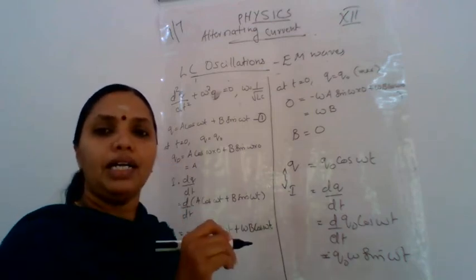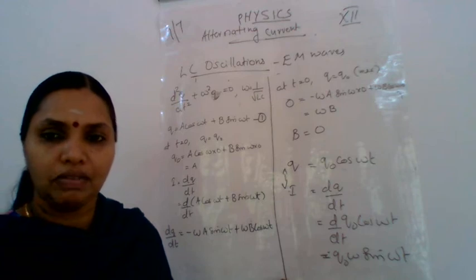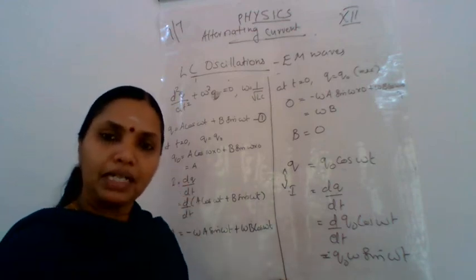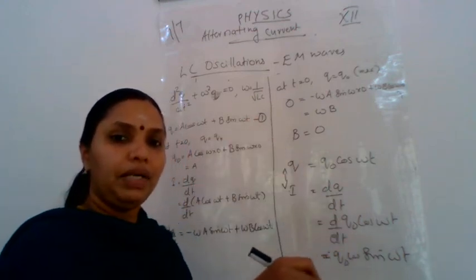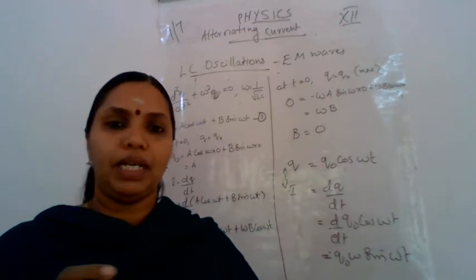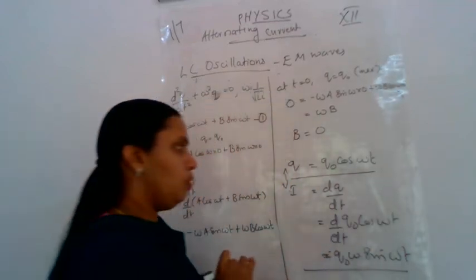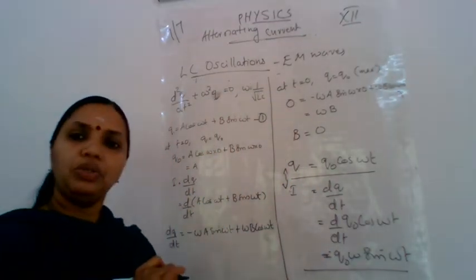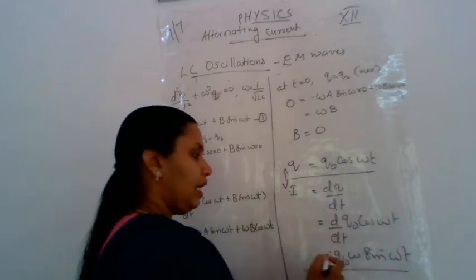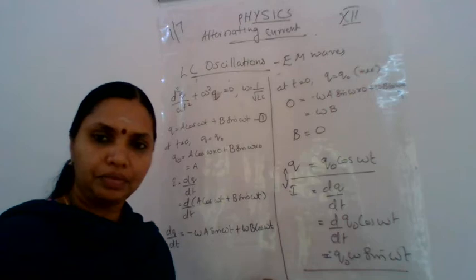Charge maximum, current minimum. That is maximum electrical energy, magnetic energy will be less. Maximum magnetic energy, electrical energy will be more. So what we explained as the qualitative explanation is proved mathematically also. q equal to q0 cos omega t, and the current will be minus q0 omega sin omega t.